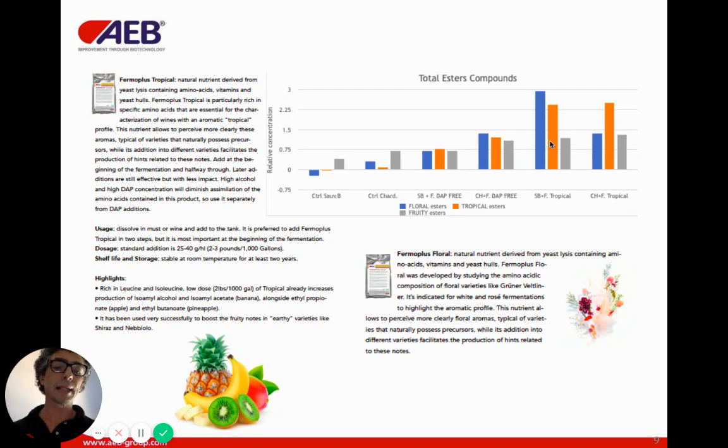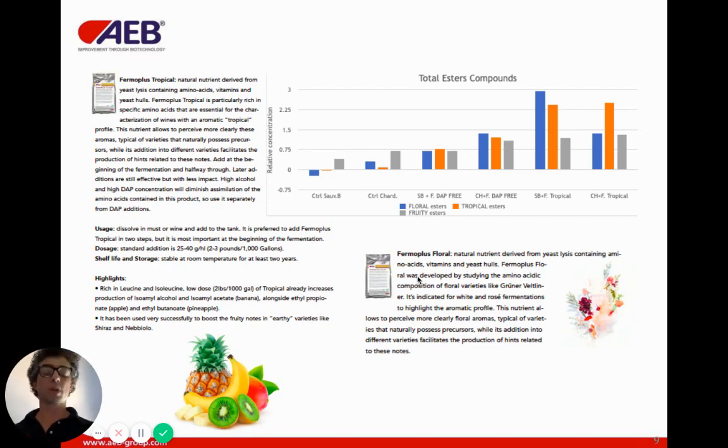In Sauvignon Blanc, this nutrient affected both the tropical ester and the floral esters, giving a good boost, keeping though the balance of the floral ester higher, as expected in Sauvignon Blanc. For another nutrient that we formulated, we looked at the amino acid profile of Grüner Veltliner, a very floral variety from Austria, in which phenylalanine is a very high amino acid.